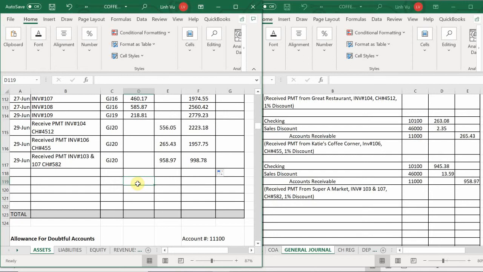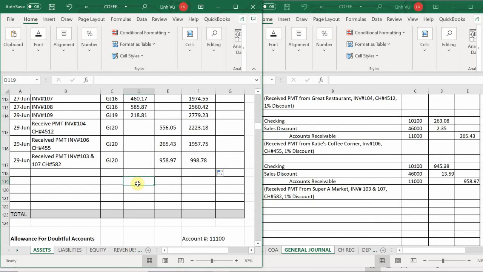But if they miss the discount period, then that's the amount that we should be receiving. It's the full amount. So in this case, this is what we originally recorded. So therefore, we cannot make changes or put the discount amount in there. Good to remember, because I get into the flow and I just keep copying the same amounts. And that's when things don't match. Okay, thank you.